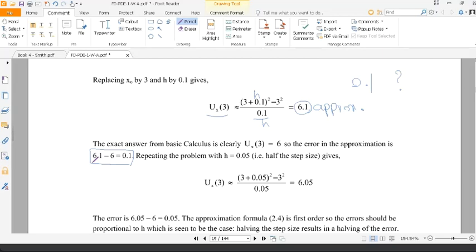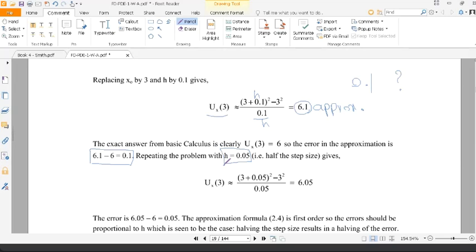Okay, for another example, we suppose that we have solved this example by using h equal to 0.05, meaning that h is changed. We have changed h, and we want to solve this example again. The formulation is not changed.